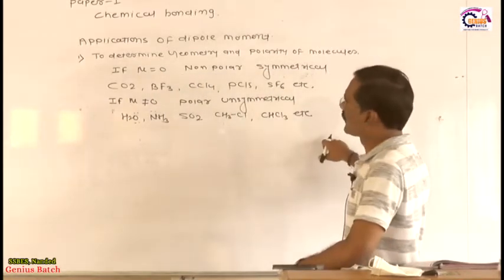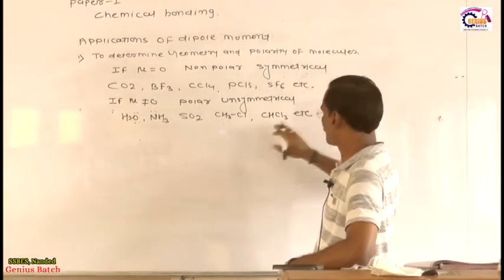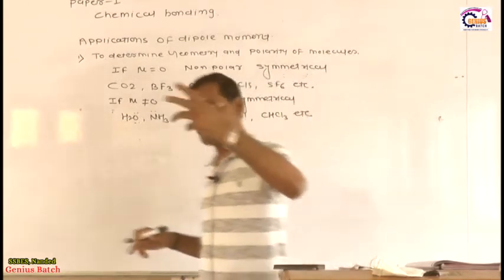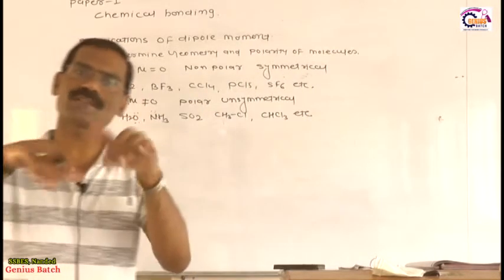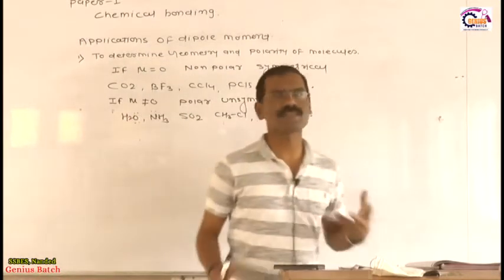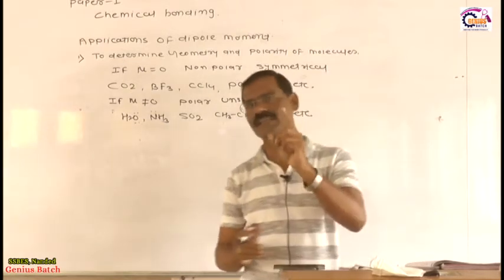Listen very carefully. Regular geometry means all bonds are identical. Even if a molecule has a regular geometry, if all bonds are not the same, we cannot consider this phenomenon. The bonds must be identical.